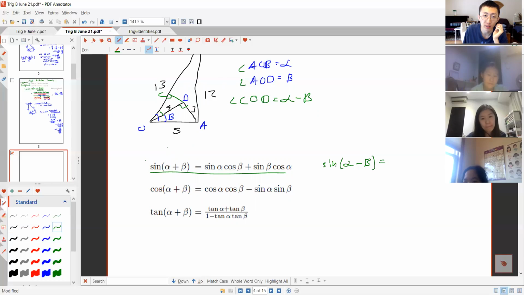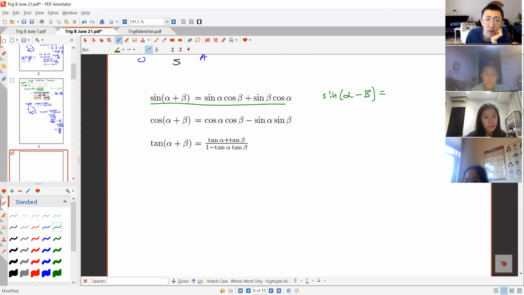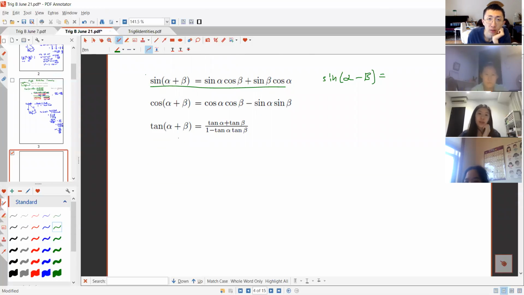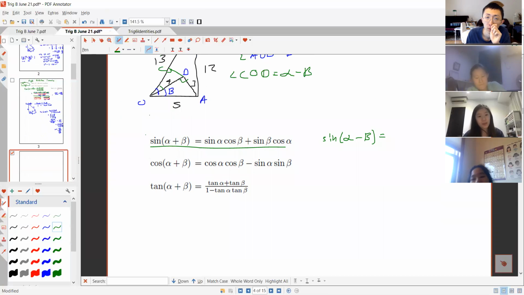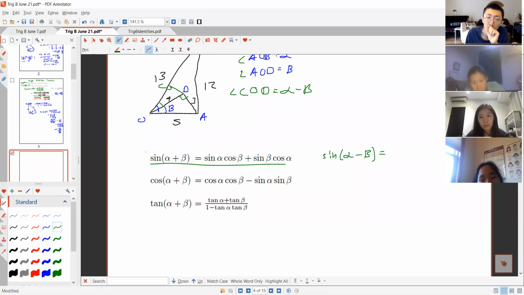I didn't catch the end of what you said. You can try to find the angle at O minus the angle at B. Well, the thing is, these angles are not nice numbers. They're not a nice number of degrees, and they're not a nice rational multiple of pi in radians.